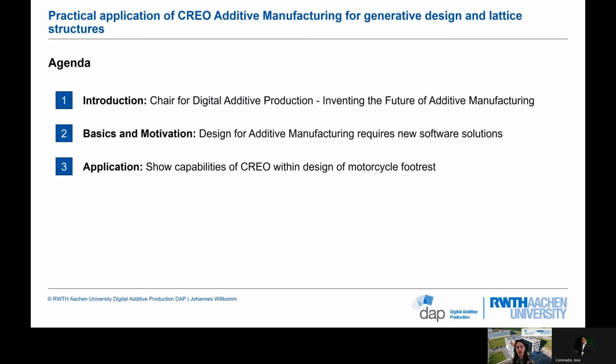But before I come to the project, I first want to introduce our institute, so who we are and what we are doing. And I would like to give some basic information about the additive manufacturing process for metals. We call that process laser powder bed fusion, and what design for additive manufacturing or design for laser powder bed fusion means to me.